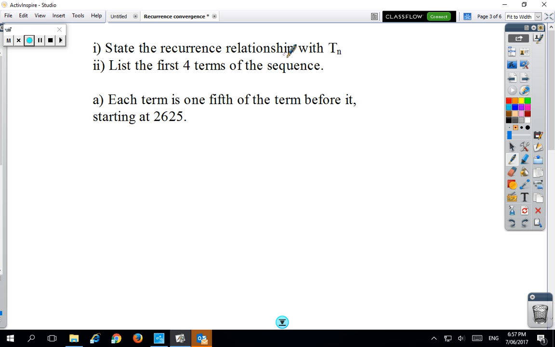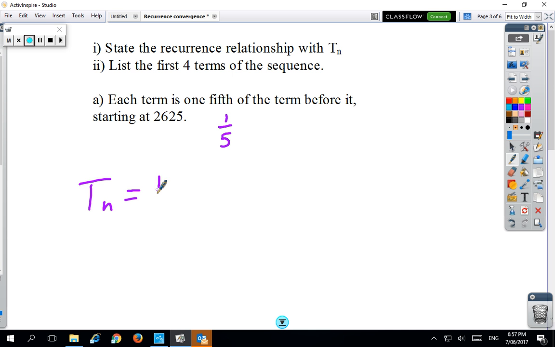Again, state the recurrence relationship with Tn. So Tn equals something. List the first 4 terms of the sequence. So let's make Tn first. Each term is 1/5 of the term before it, starting at 2625.